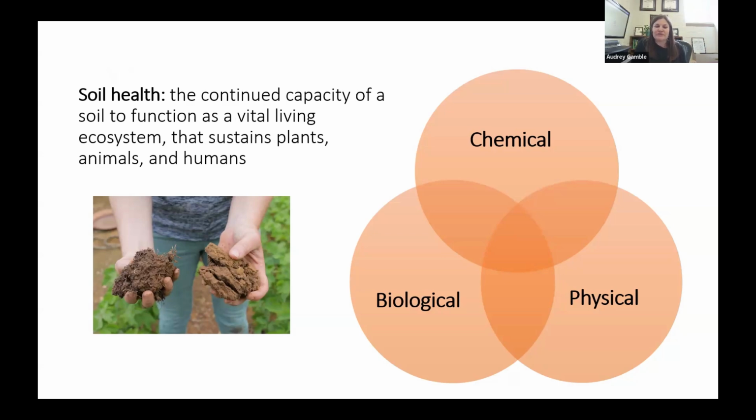So if you're thinking about your own land, chemical properties would include things like soil pH and nutrient content of the soil. Physical properties might include things like soil compaction or soil structure, what we often call soil tilth.